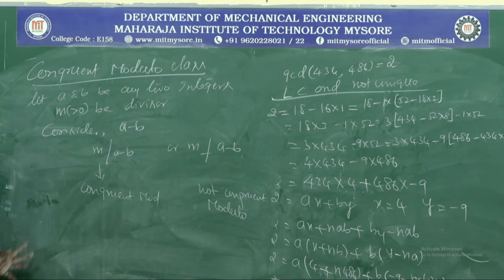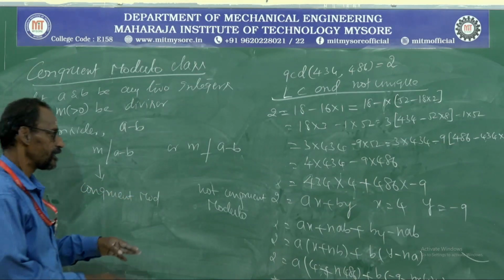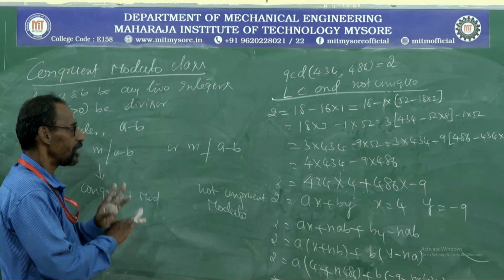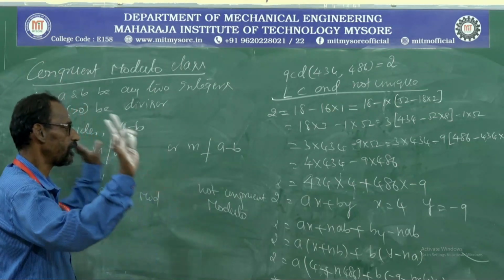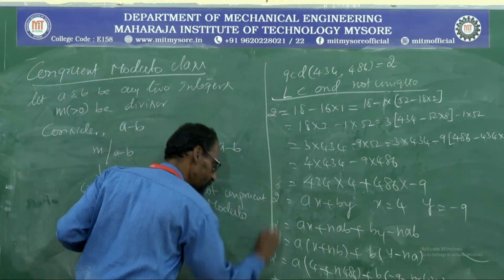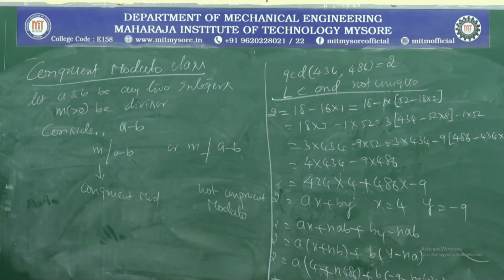I got A minus B, I got M. Only two possible cases: M divides A minus B, or M does not divide A minus B. If M divides A minus B, then congruent modulo. If M does not divide A minus B, then it is not congruent modulo. Understood? Very simple.